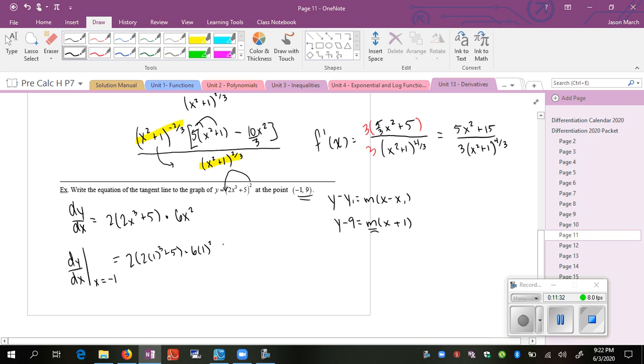Oh, sorry, it's -1. Still pretty nice working with -1. So in the parentheses here, we have 2 times -1 plus 5. So that's -2 plus 5. So we have 2 times 3, which is 6, times 6. So we get 36. So we get y minus 9 equals 36 times (x plus 1).